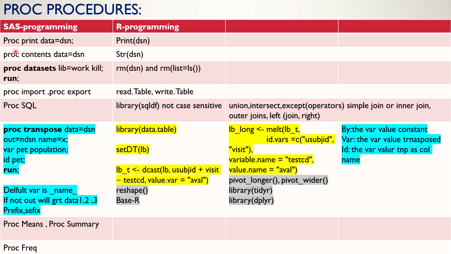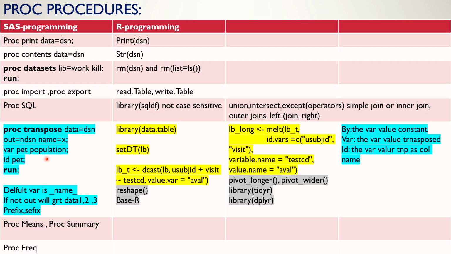Whatever we write in SAS programming with proc SQL queries, like union, intersect, except operators, outer joins, left joins, inner joins, all of these will be there. The same thing in R programming, we can write similar code by using the sqldf library.